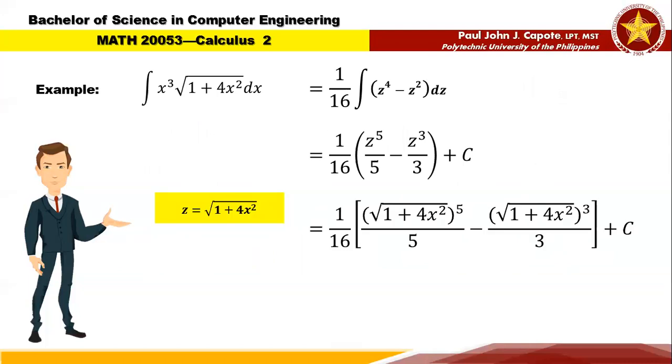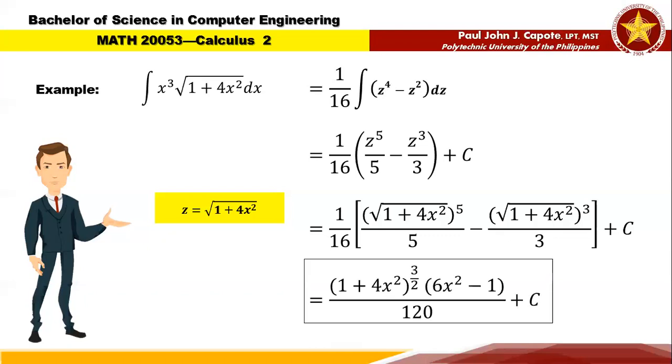Substituting back the value of z, which is equal to the square root of 1 plus 4x squared, we get 1/16 times the quantity square root of 1 plus 4x squared raised to 5 all over 5 minus the quantity square root of 1 plus 4x squared raised to the power of 3 divided by 3 plus c.